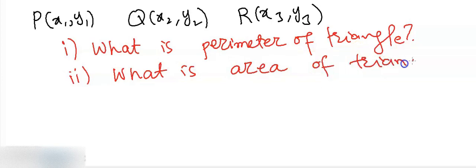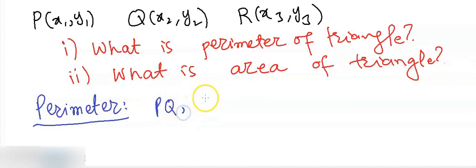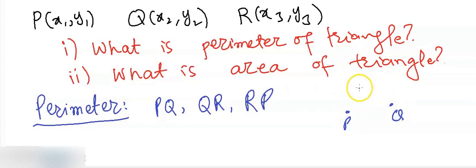You all know that perimeter is nothing but the sum of all sides. The perimeter of any closed shape is the sum of all sides. So in this case, you will calculate the distance between PQ, which is the length of side PQ, and then side QR, and then side RP. Let's say this was my point P, this was my point Q, and this was my point R. This way I have got a triangle.